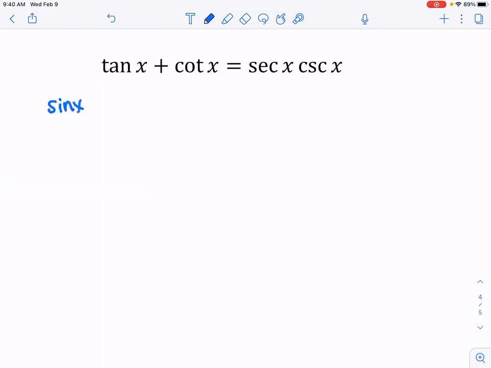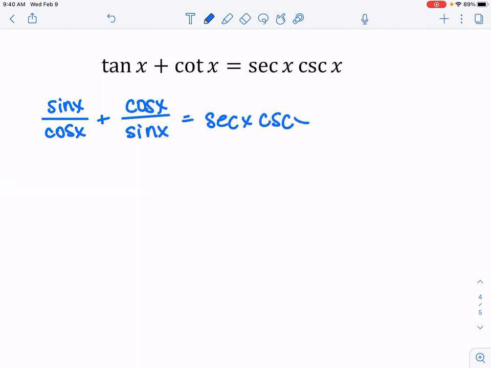Tangent is sine of x over cosine of x, and cotangent is cosine of x over sine of x. Now, guess what? The right side is still there. If you don't change the right side, you still have to write it.